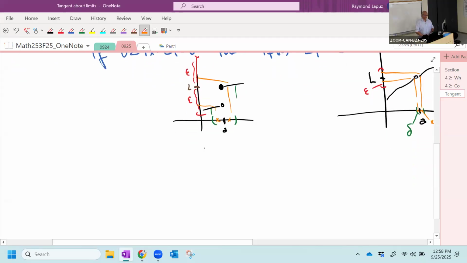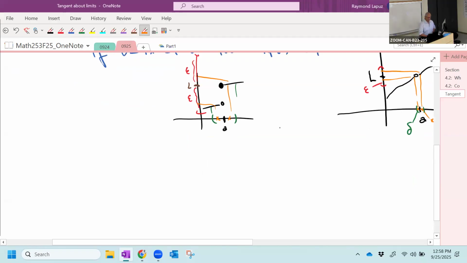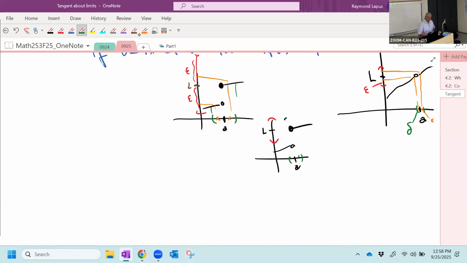But if I give you a smaller epsilon, if I give you an epsilon that's small, then you are trying to find a delta. Can I find a delta that's small enough so that every single point that I put into the function will still be within epsilon?